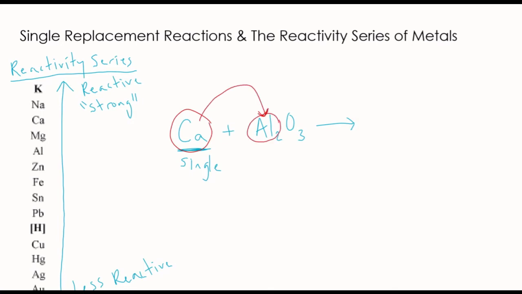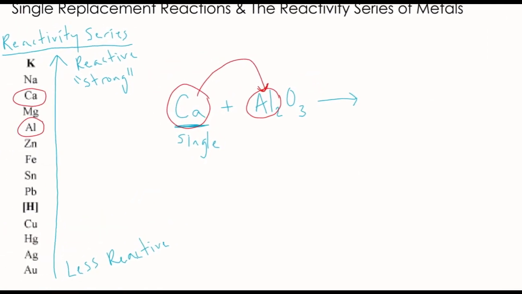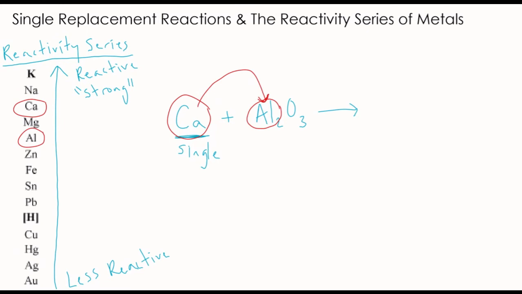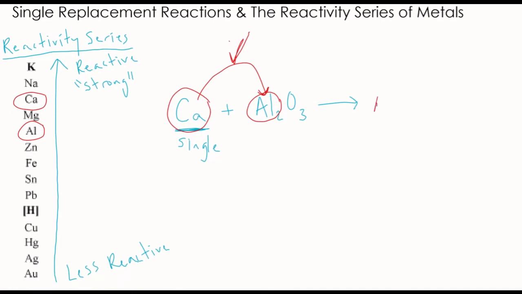Okay, so the calcium is going to attack aluminum. We need to look, where are they on this reactivity series? And we'll see that calcium is higher than aluminum. So calcium is stronger, which means that it will work. Okay, this is going to be a successful attack because calcium is stronger. Okay, so the calcium and the aluminum are going to switch. Aluminum gets kicked out by himself, and then here's our resulting reaction.